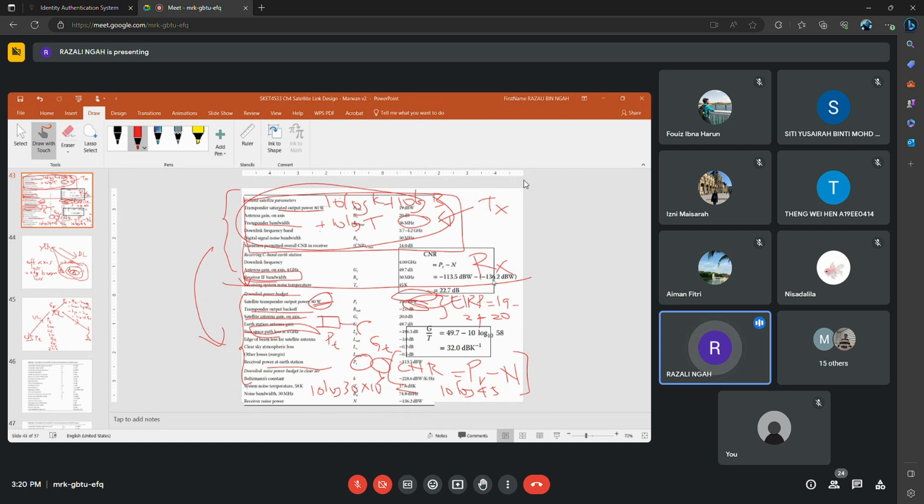But noise power is normally a higher negative value, so that you will get carrier to noise ratio a positive value, because you have a negative minus a negative. Carrier to noise ratio must be positive. If negative, something is wrong with the equation or in your calculation.